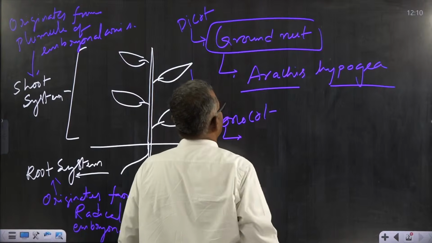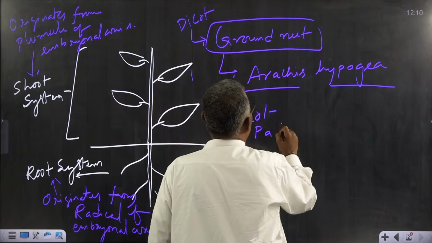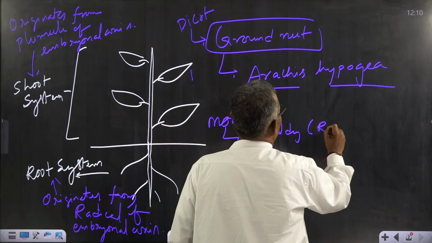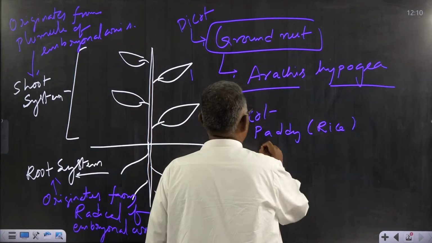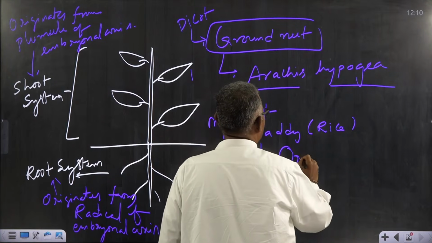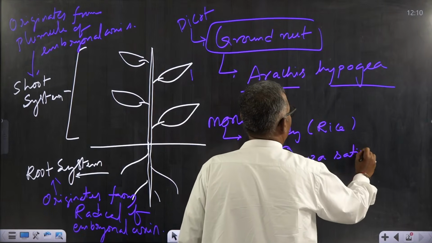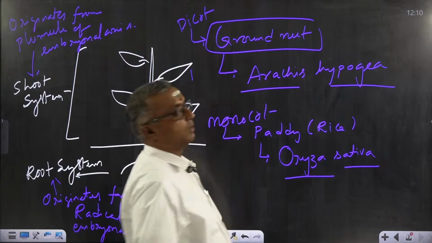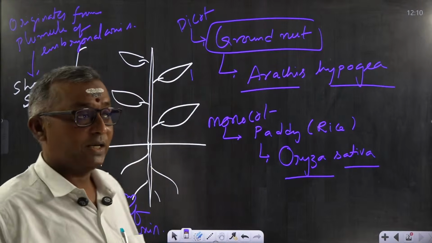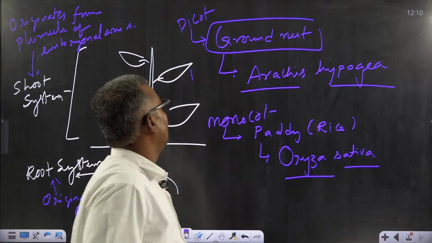One of the best examples I said is paddy. Paddy means rice. Do you know its botanical name? It is Oryza sativa. What is its botanical name? Oryza sativa.